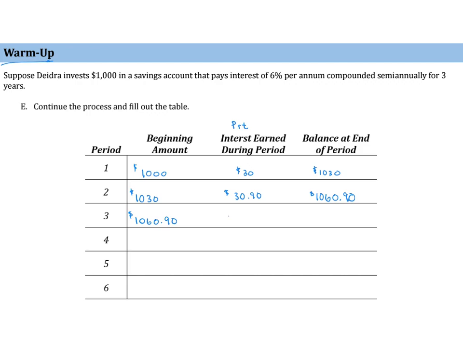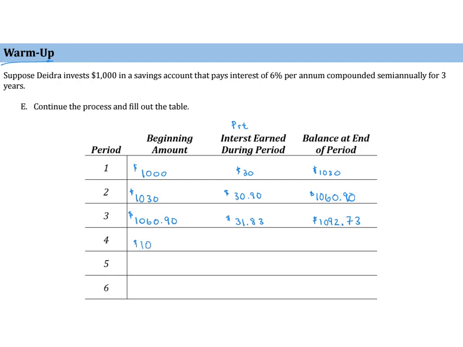So after this period, we've earned an additional $31.83. Now we add that to the amount that we had at the beginning of the period, the $1,060.90. So we have now $1,092.73. So that is the beginning amount for the next period.